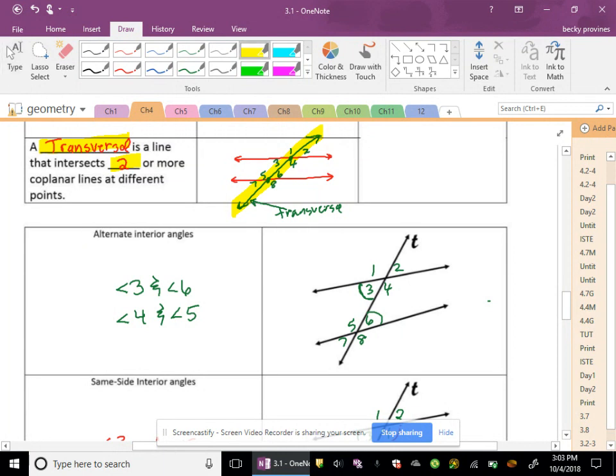So when you see this picture over here on the right, these yellow angles are in the interior of those two lines. If you're not in the interior, that means the rest of it is the exterior.